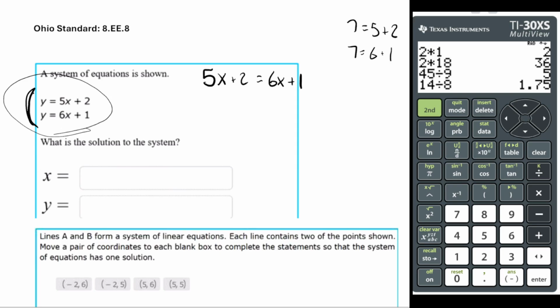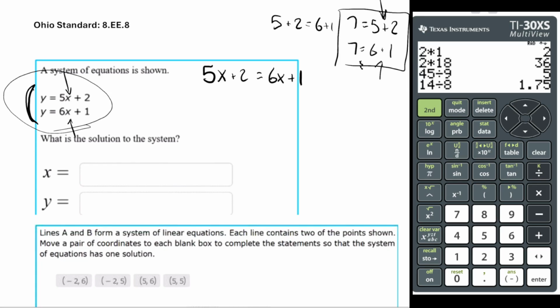And all we're doing is saying that 5 plus 2 is equal to 6 plus 1, because we can surmise that based off of our given information. That's all we're doing here. If we know that this equals 7 and this equals 7, then these two equal each other. If we know that this equals y and this equals y, then these two equal each other.